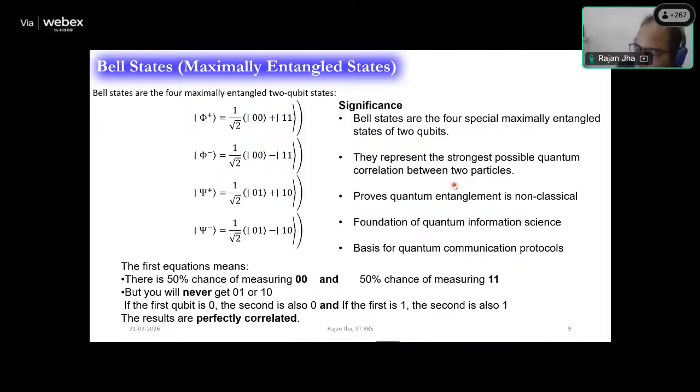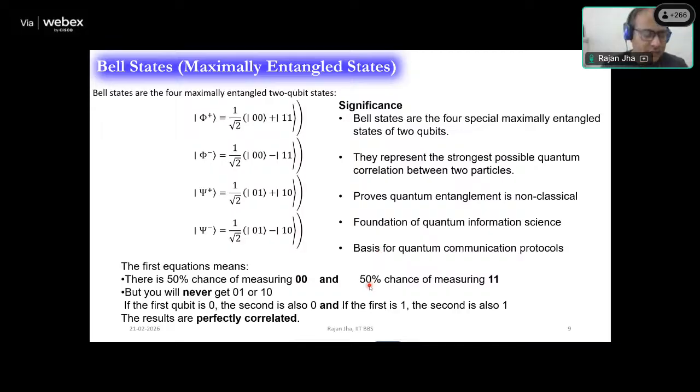So every time you want to identify the quantum correlation, and this correlation is related to entanglement, then by measuring the Bell state, you can say whether the correlation is strong or not. This also proves that quantum entanglement is non-classical, and therefore it is quantum. This forms a strong foundation for future communication protocols.